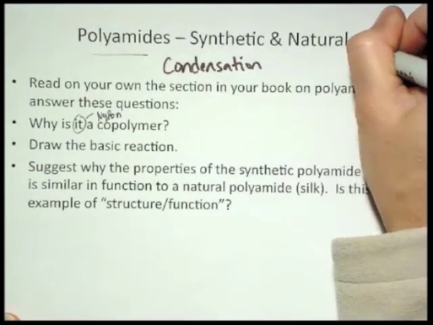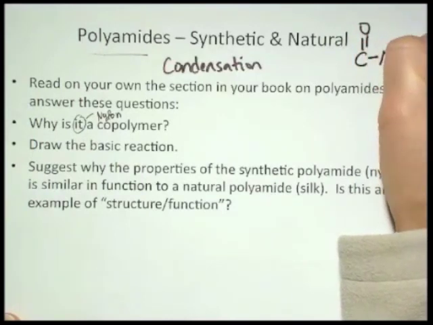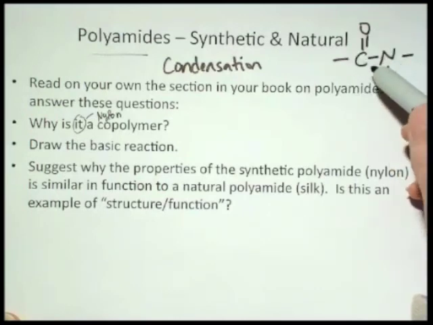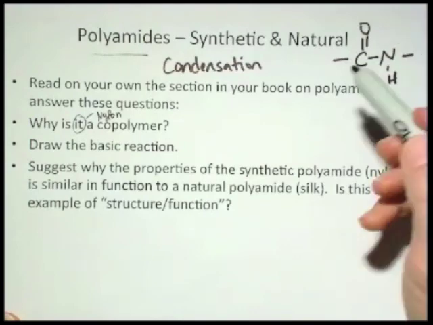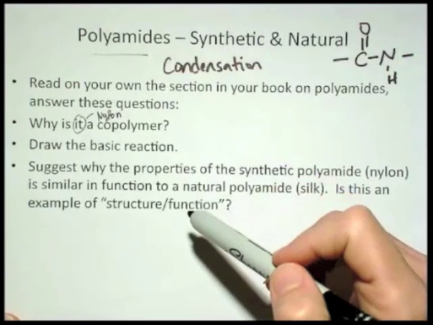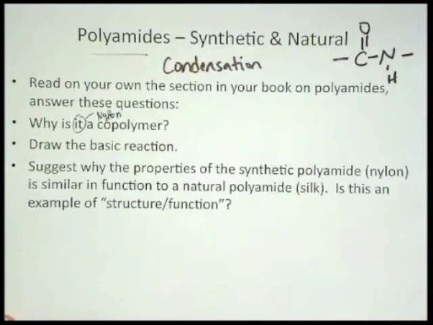And remember, the amide functional group is when you have a C double bond O bound to a nitrogen. So it's an amine connecting with a carboxylic acid, splitting off water to give this amide functional linkage. So I'd like for you to just take your time and take a close look at nylon and see how it is similar to silk.